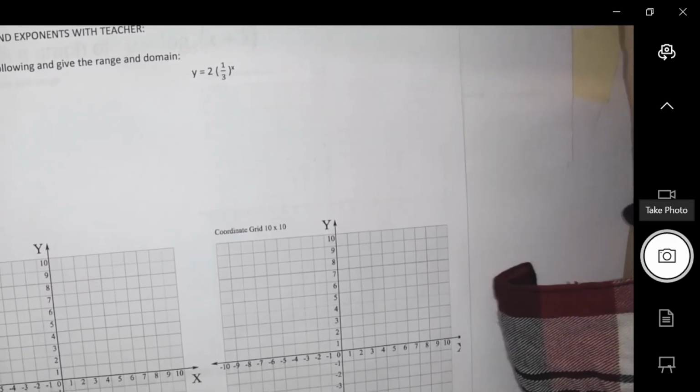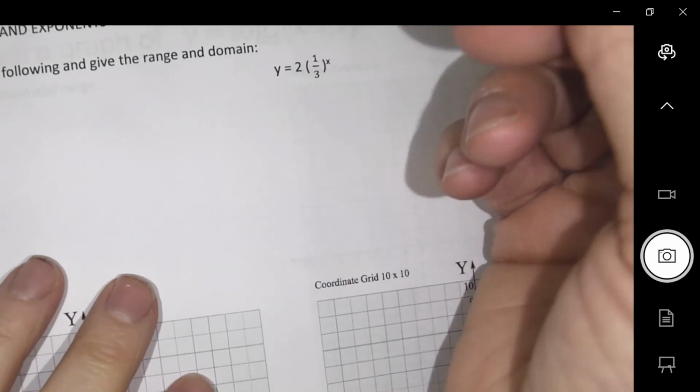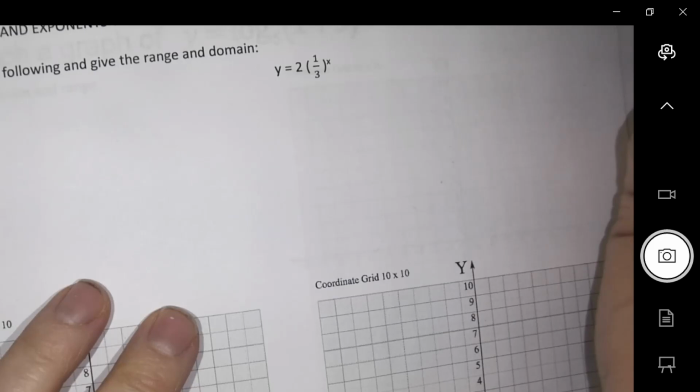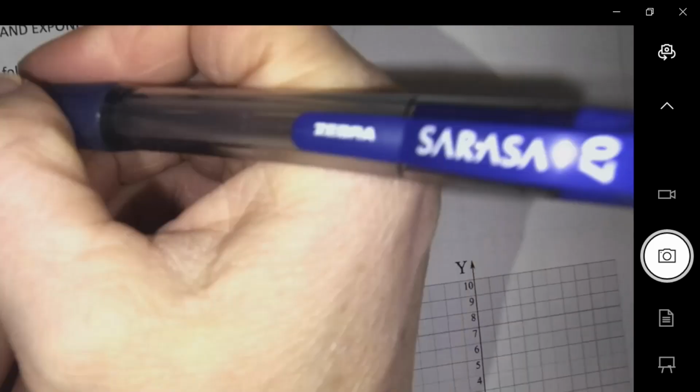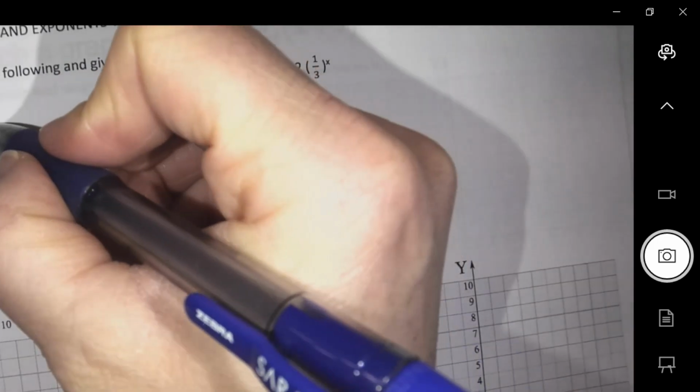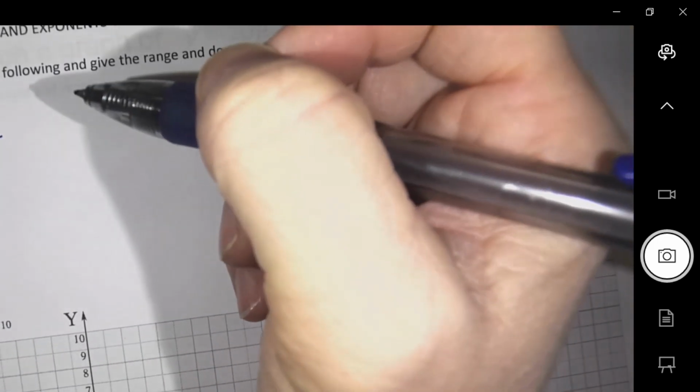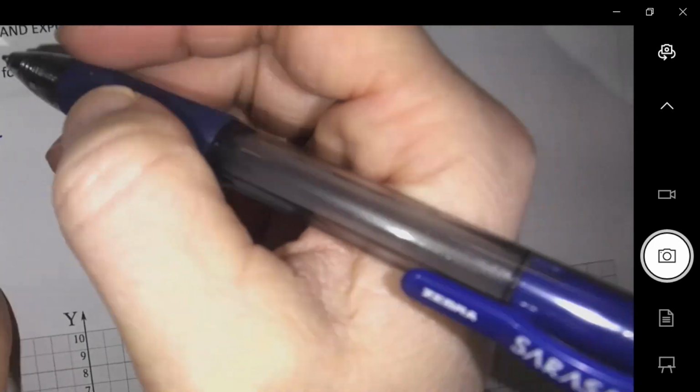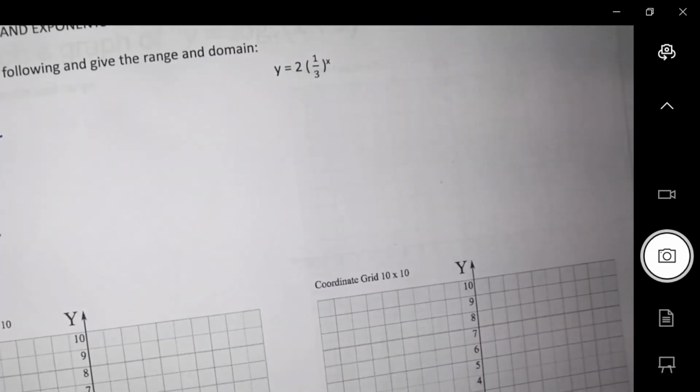Okay, graphing. So the first one, we're going to start with what is the base? The base is 2. So I need 2 to the negative 1, 2 to the 0, 2 to the 1. And I always start with the same pattern there.